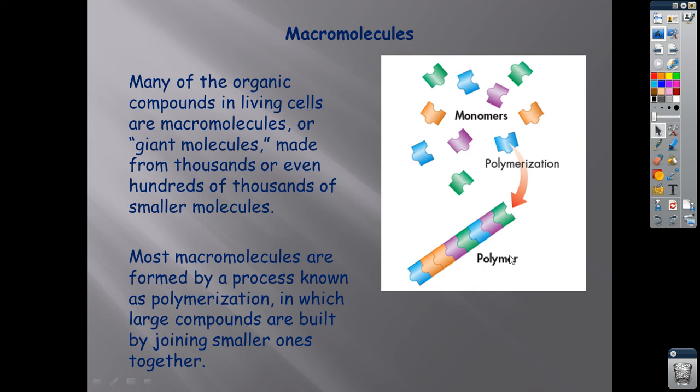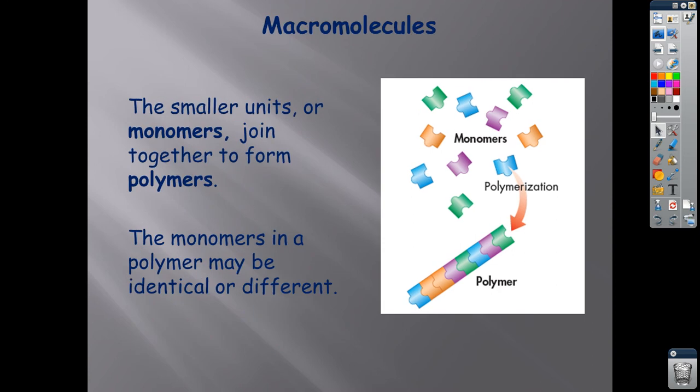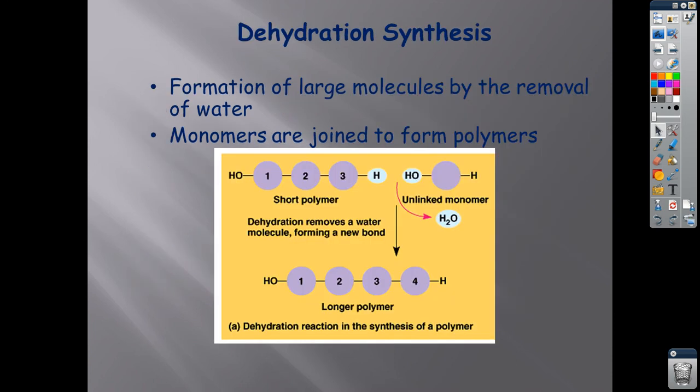The process of monomers joining together to form polymers is called polymerization. Polymerization is basically that process of monomers linking and linking to each other until they form one large chain, referred to as a polymer. So the smaller units of monomers join to form polymers. Again, this slide just repeats what I had just said.